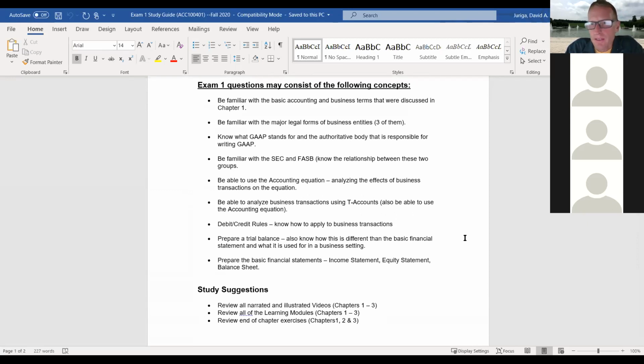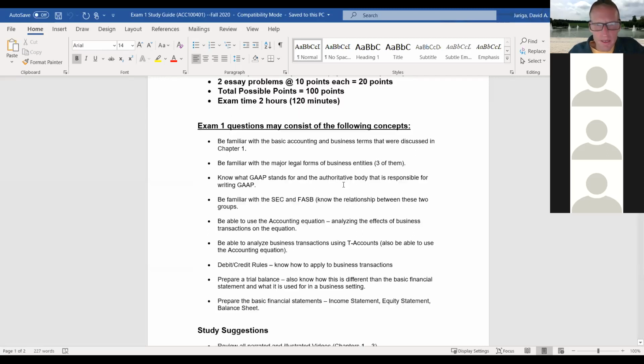That doesn't stop you from having some scrap paper, and if it helps you to write it out on paper, you can do that. But for the exams, I don't allow printing on any of the tests, for obvious reasons. But you do get 120 minutes, 2 hours.